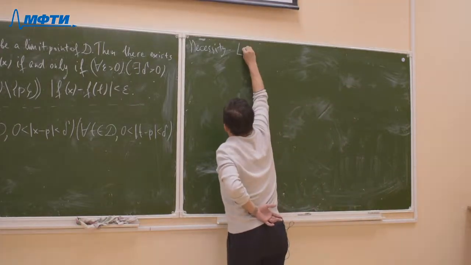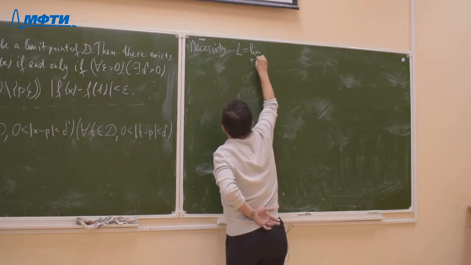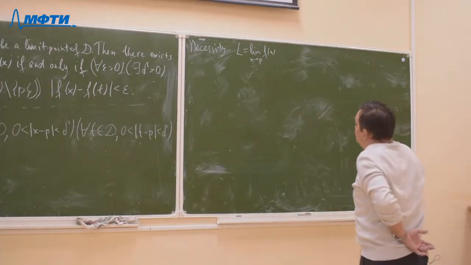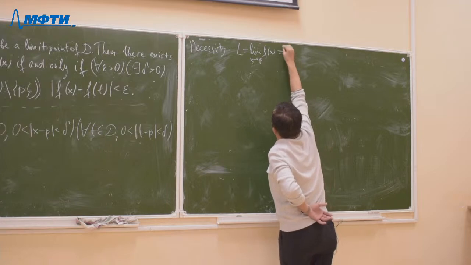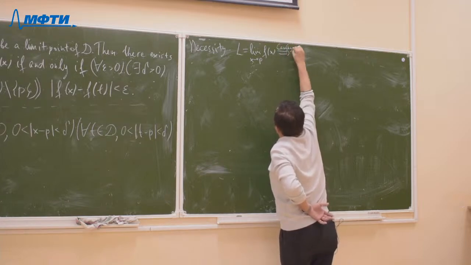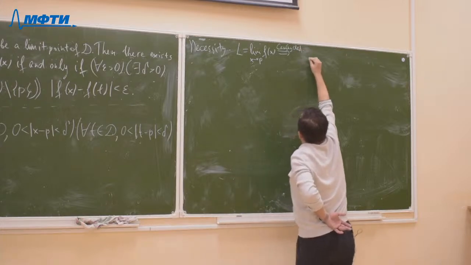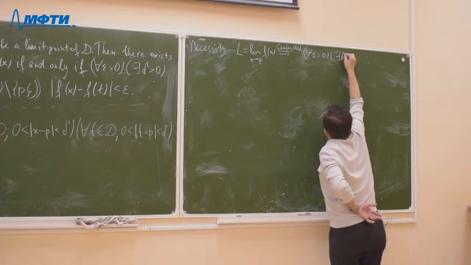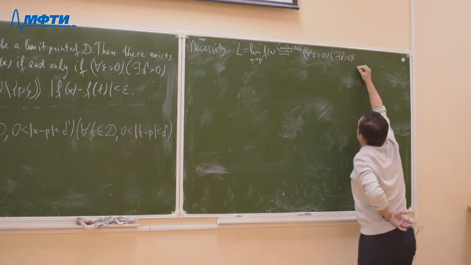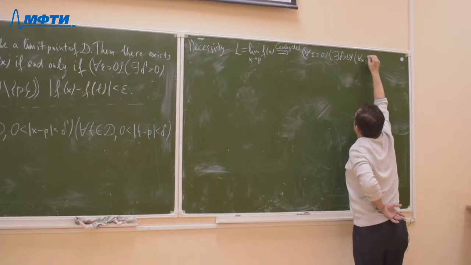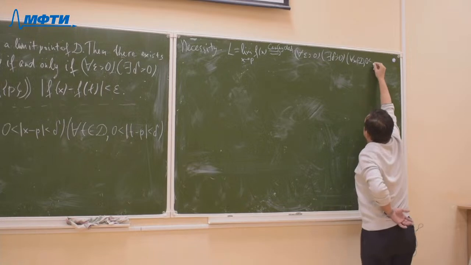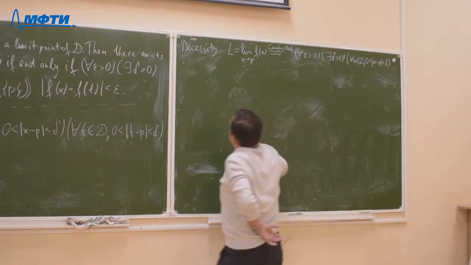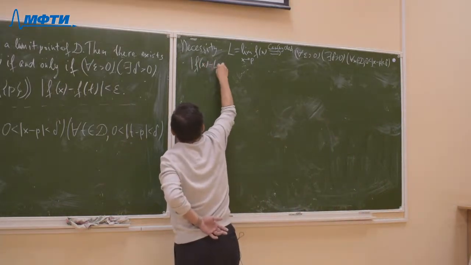So let L equal the limit as x tends to p of f of x. And it means by the Cauchy definition, for arbitrary epsilon greater than 0, there exists delta greater than 0, such that for all x in D, 0 less than absolute value of x minus p less than delta, we have the inequality absolute value of f of x minus L less than epsilon.